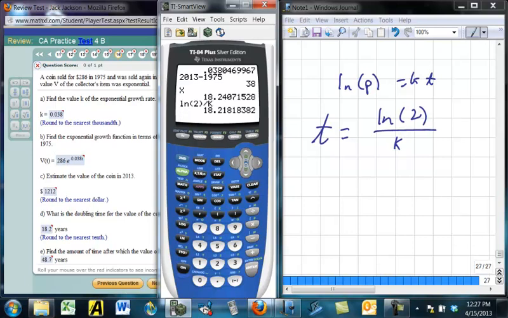Maybe off a little bit. Still rounds off to 18.2, so that's good. If we did ln of 2 and divided by the k that we have there, 0.038, the rounded off version, notice that one agrees with the x that we got up above, because the x up above uses a rounded off version in the graph. In this case, it didn't make any difference.